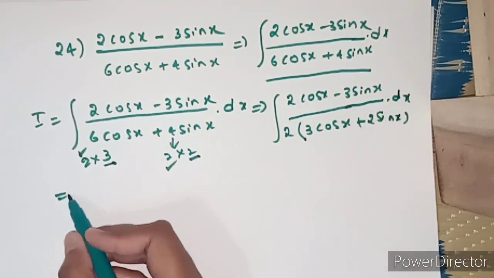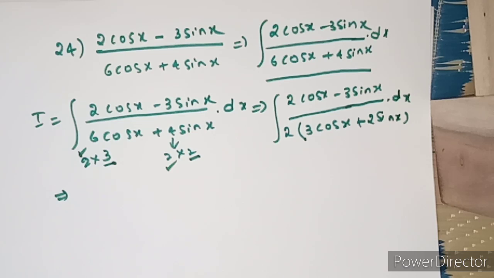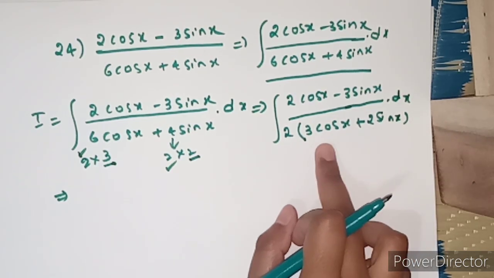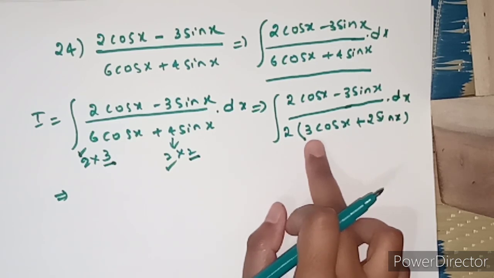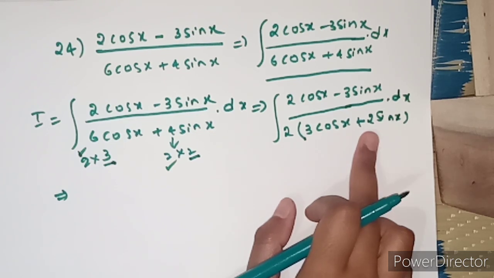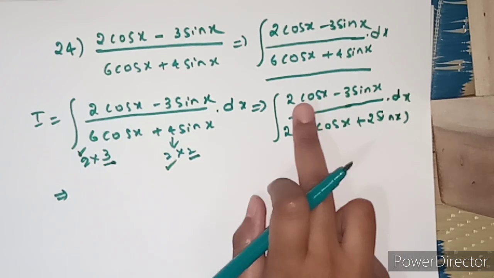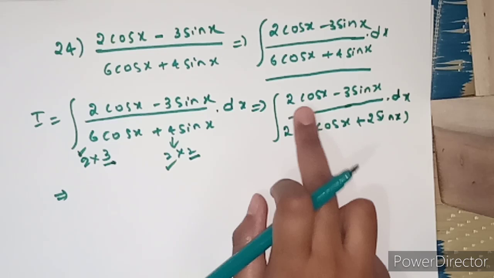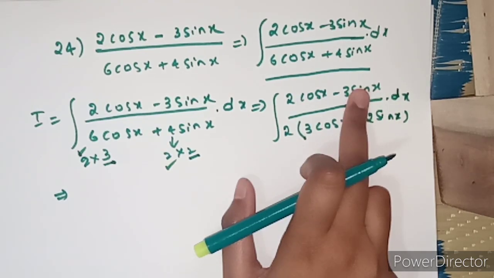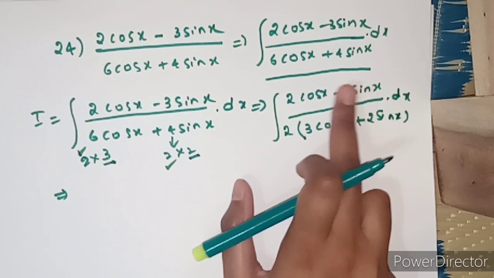Now let's choose one function as t. If I choose this function as t and take the derivative, the derivative of 3 cos x is minus 3 sin x, and the derivative of 2 sin x is 2 cos x. Here 2 cos x is there, and the derivative of 3 cos x is minus 3 sin x, so we have minus 3 sin x also.